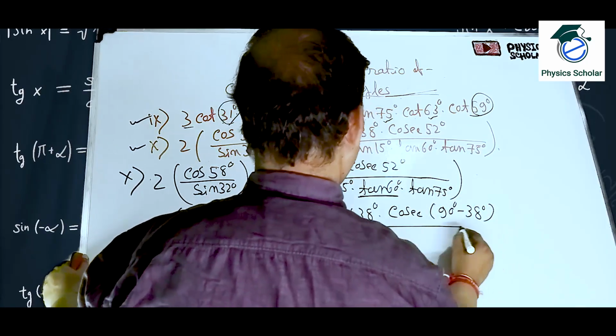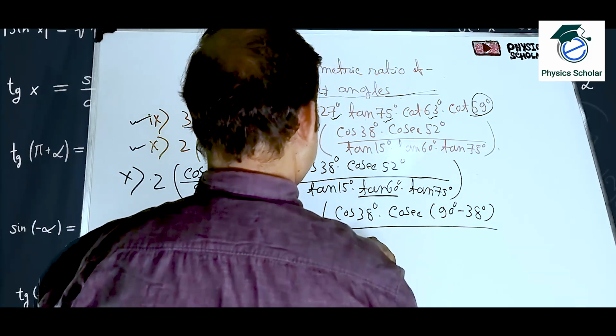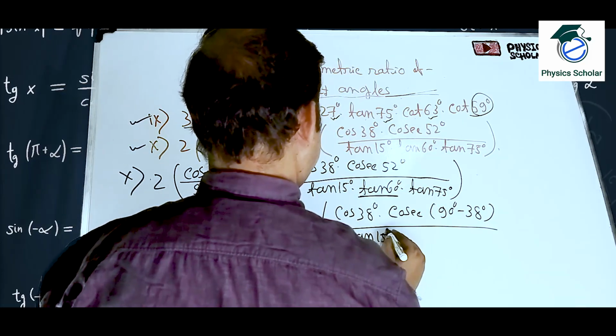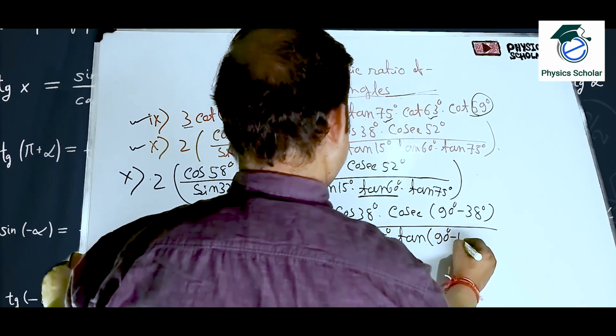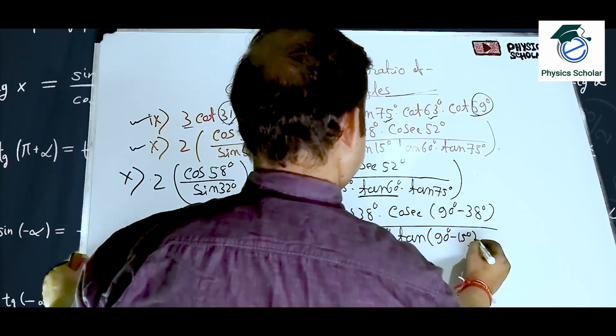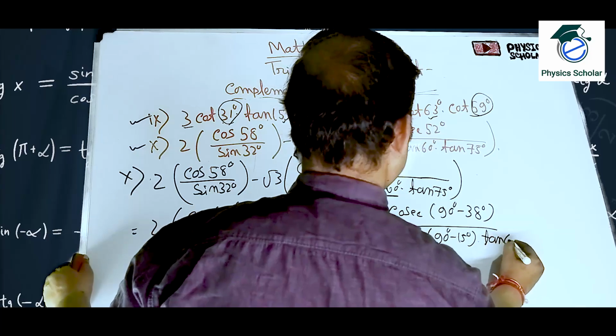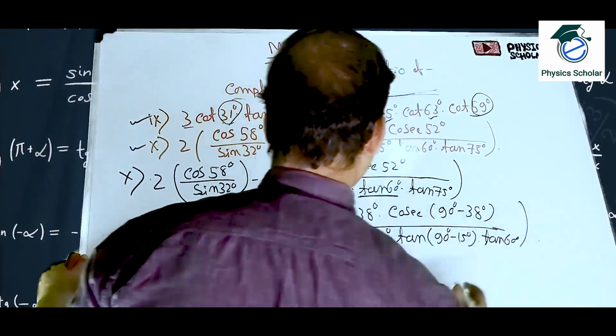Clear? Divided by, these two are complementary, so tan 15 degrees into tan (90 degrees minus 15 degrees), that means 75. Clear? Into tan 60 degrees, the value of tan 60 is root 3.